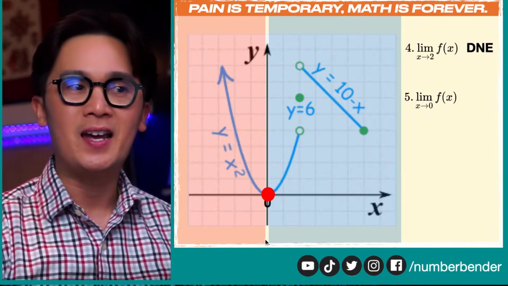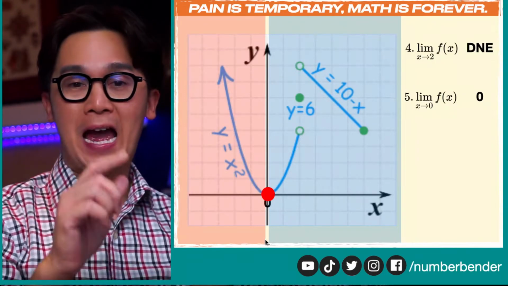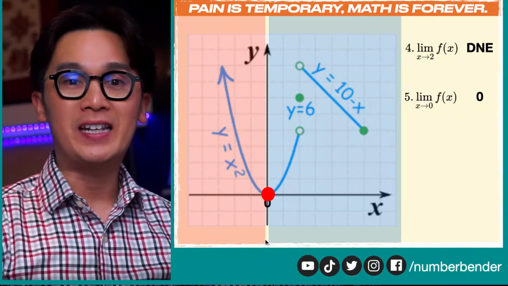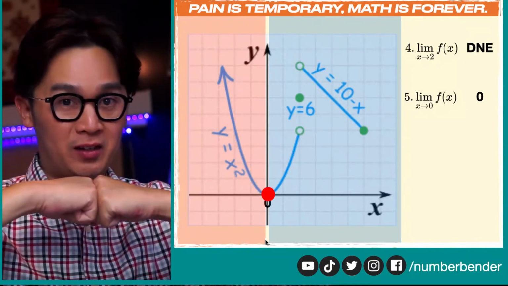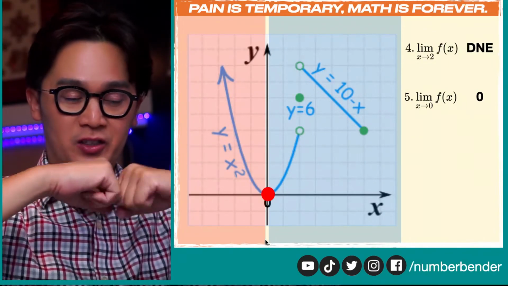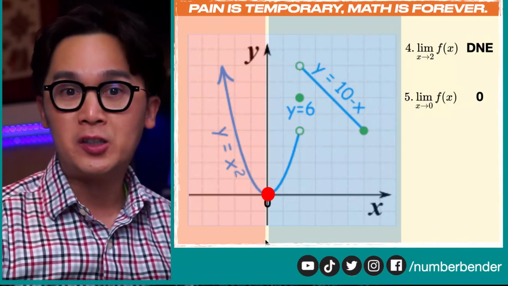So that means this limit exists at y equals 0. So that number exists as x approaches 0 because it's approaching the same value, or height of the graph, coming from this direction and coming from the other direction. So that's how we answer the limit of a function visually or graphically.